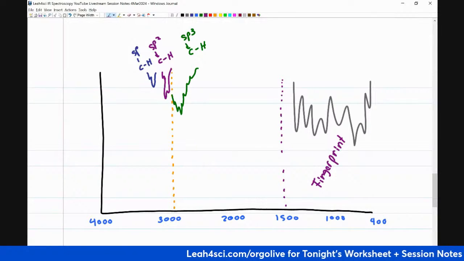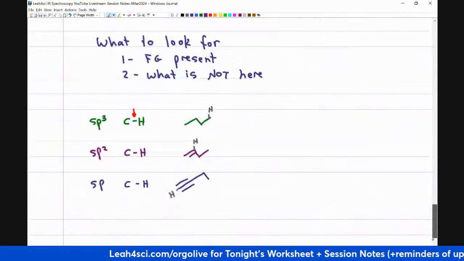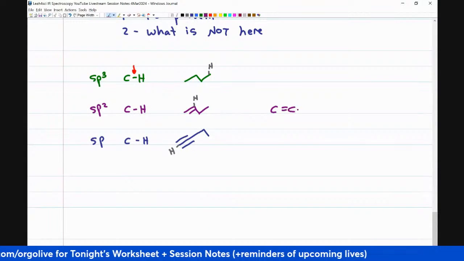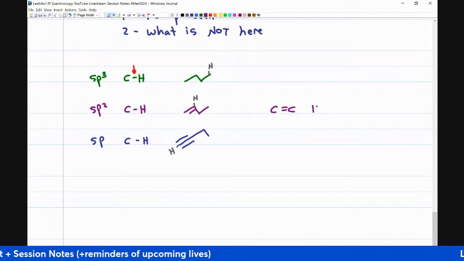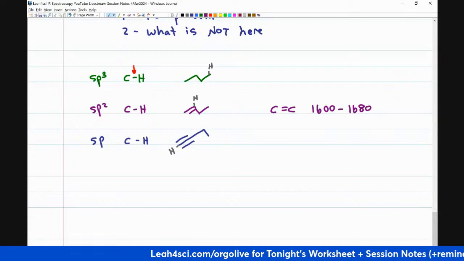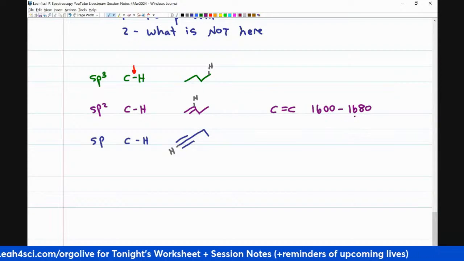So the carbon-to-carbon double bond is going to be, I'll just put that here. So if you have the carbon-to-carbon double bond, this is around 1600. Okay, so in your books, they give it to you from the high number to the low number because it goes left to right, but my brain wants to go from low to high. So we're just going to read this in an increasing number from 1600 to 1680.